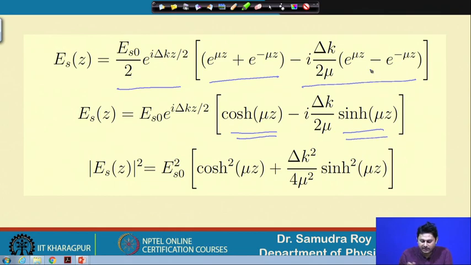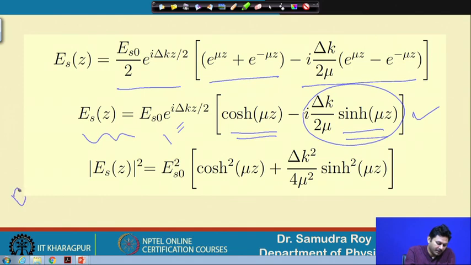So, eventually Es(z) is this quantity, one cosh and one sinh. Again, note carefully that if I put delta k equal to 0, this term will not be there, this term will not be there, and this term will be 1. So, we will have Es(0) cosh of mu z. Inside the mu, the delta k term will again be 0. So, we will have G z, which is exactly the same expression that we derived by considering delta k equal to 0.